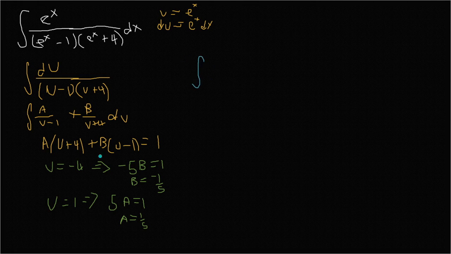So we're going to rewrite this integral of a, which is 1/5, times, I'm going to write it all on the numerator just so we remember it's a constant, so 1 over u minus 1, and then plus b, which is negative 1 over 5, over u plus 4 du.